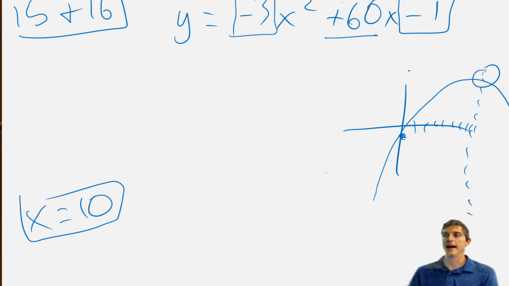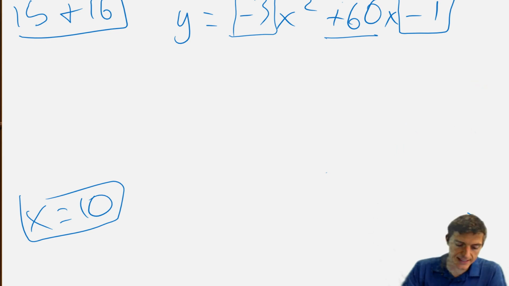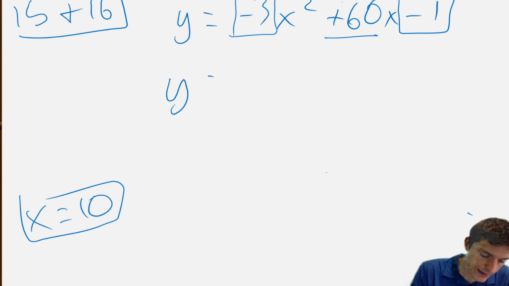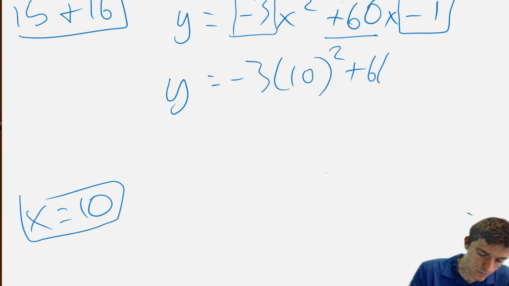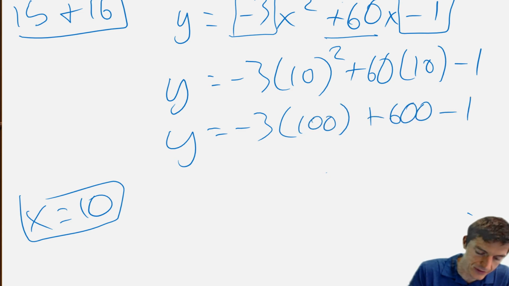So now I need to find the vertex, which is the top point. Vertexes always occur at the axis of symmetry. So when they tell me that x equals 10, I need to plug that in to find the vertex. I'm going to take 10 and plug it in for x. So I get y equals -3 times 100 plus 600 minus 1.